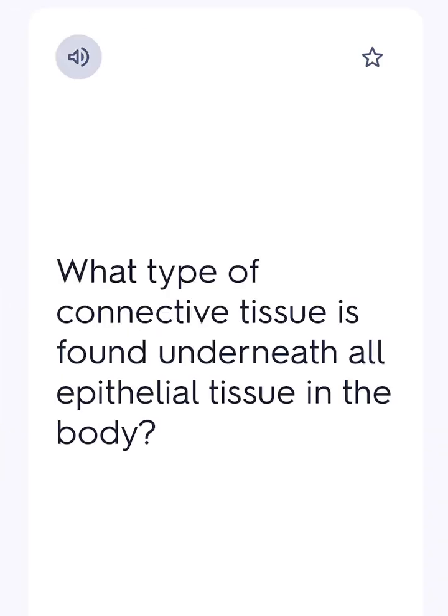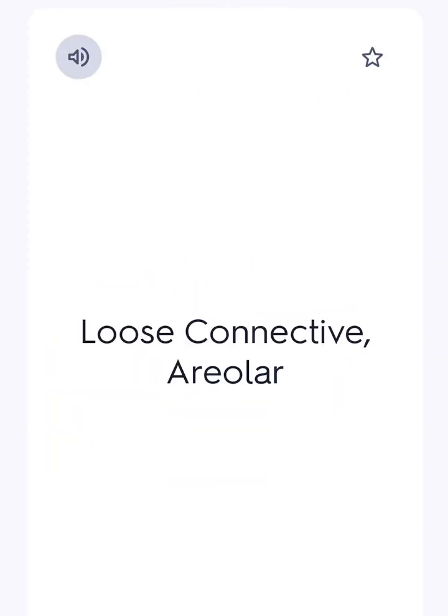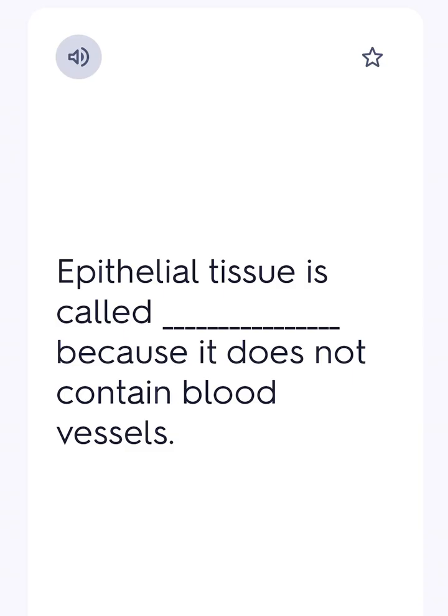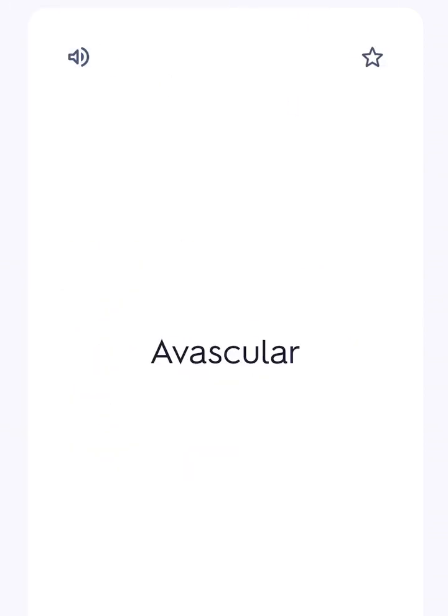What type of connective tissue is found underneath all epithelial tissue in the body? Loose connective, areolar. Epithelial tissue is called blank because it does not contain blood vessels. Avascular.